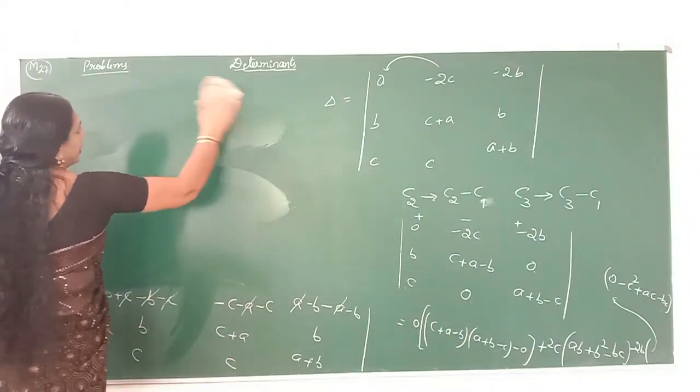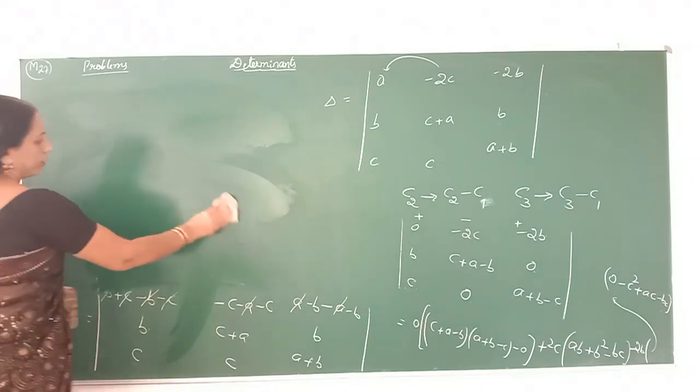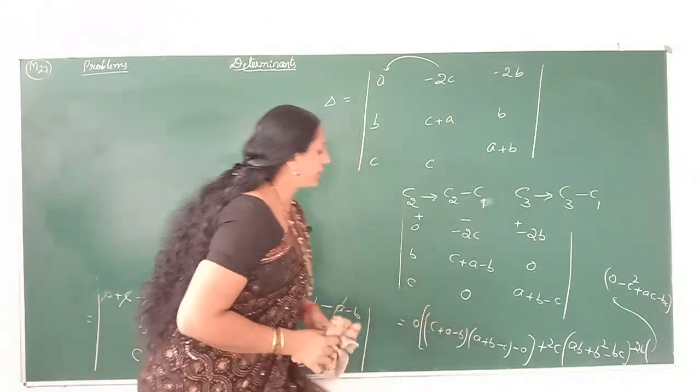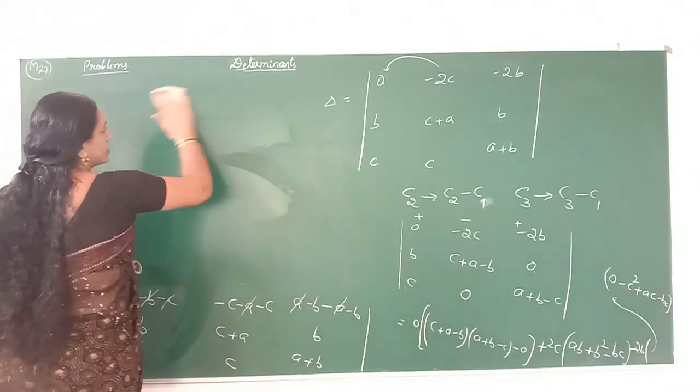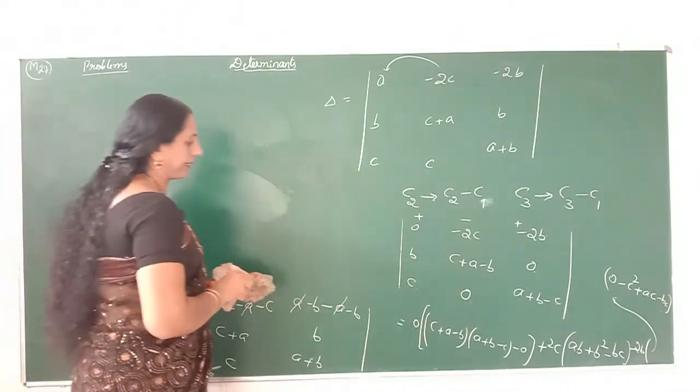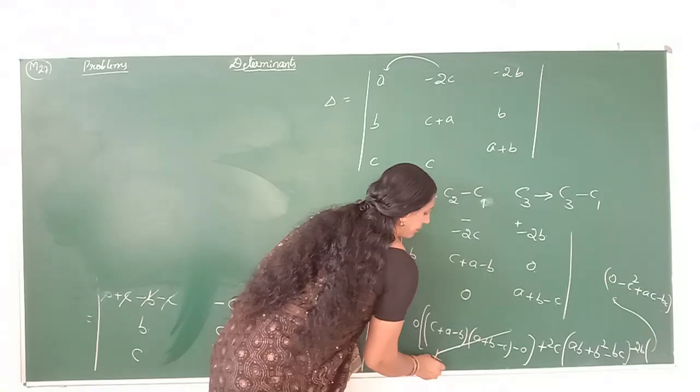Now the first element is 0, and 0 into anything will be 0, therefore that element is neglected.